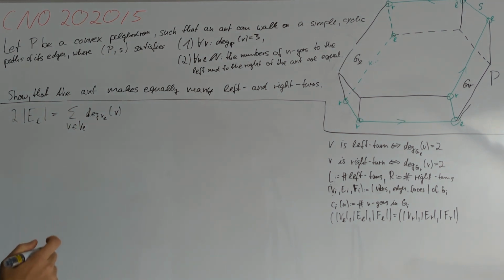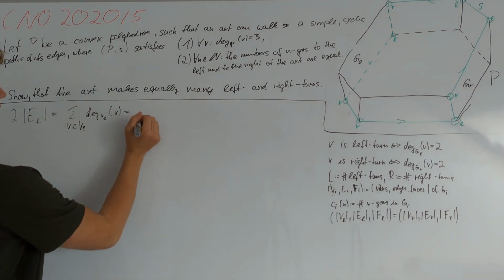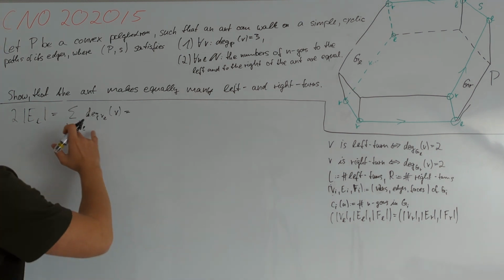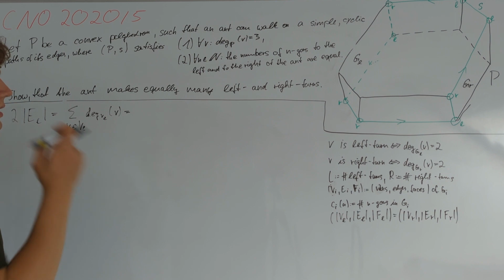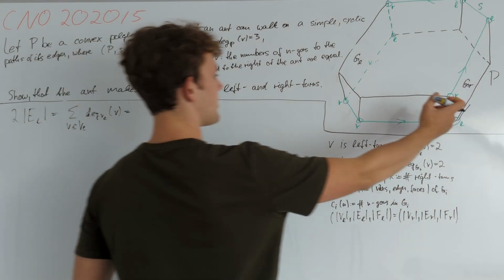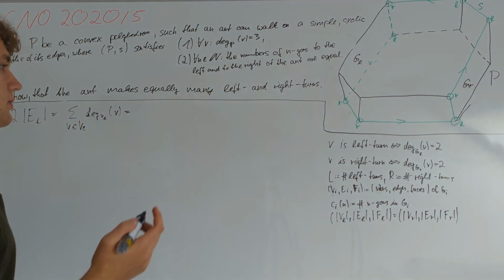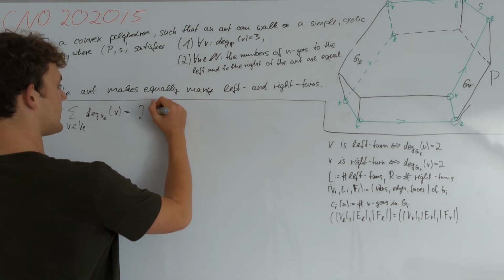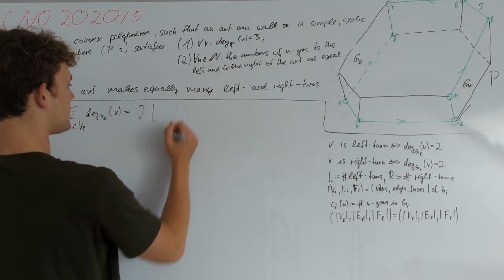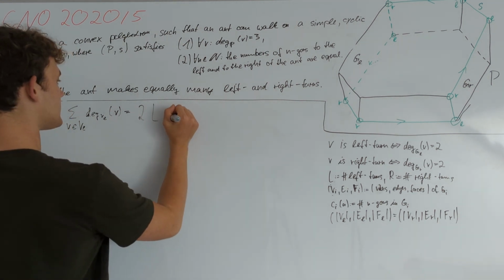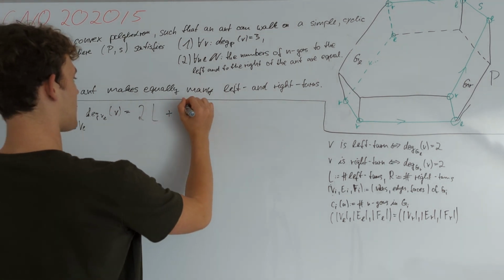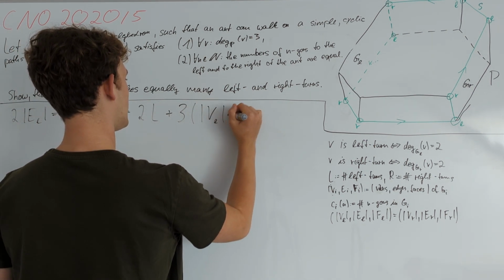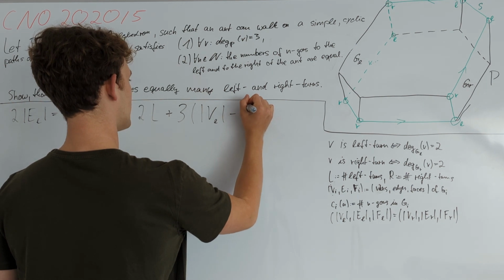This equality holds true by the handshaking lemma, and furthermore we can evaluate this because we know most vertices in VL have degree exactly 3, except for the left turns which have degree exactly 2. So this is equal to twice the number of left turns plus 3 times the magnitude of VL minus L.